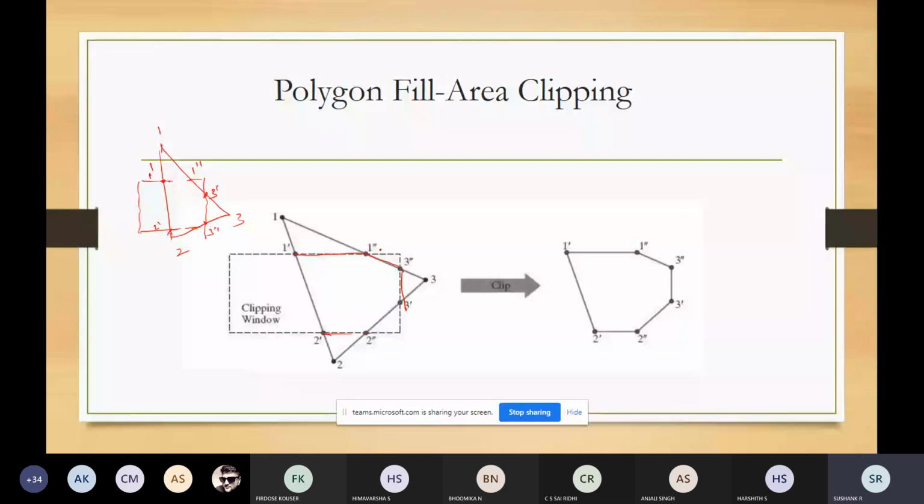When you pass it to the bottom clipper, vertex 2 will be removed and two more vertices will be added, 2 dash and 2 double dash. When you pass it through the right clipper, 3 will be removed and 3 dash and 3 double dash vertices will be added. After it passes through all four clippers, you will get this polygon.